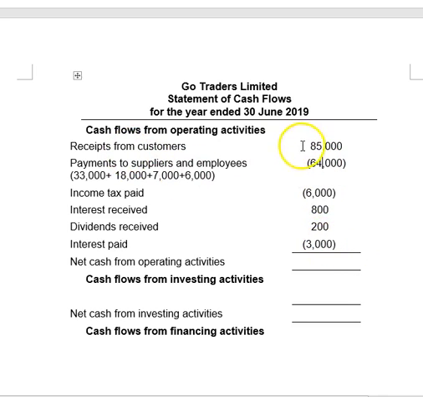Once we are done with our operating activities, we add all the cash inflows and minus off all the cash outflows. So 85,000 minus 64,000 minus 6,000 plus 800 plus 200 minus 3,000, you will get 13,000. So this 13,000 is your net cash from operating activities.